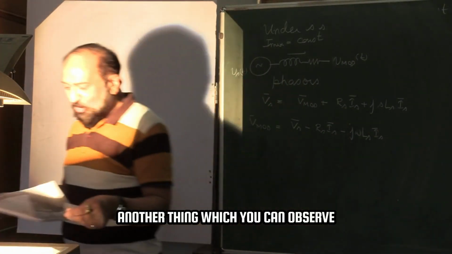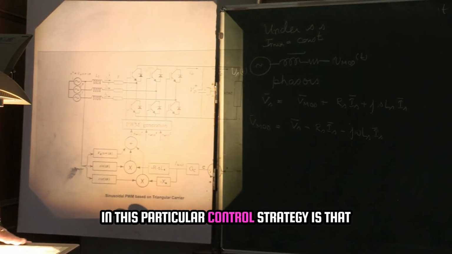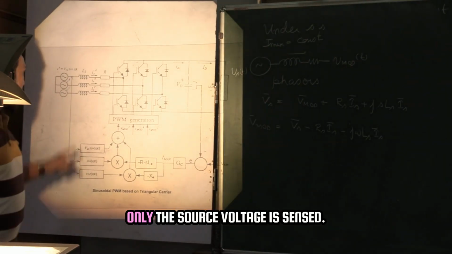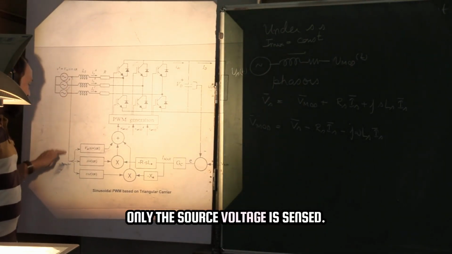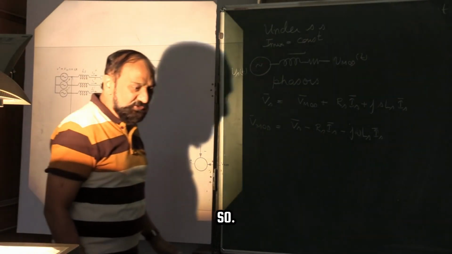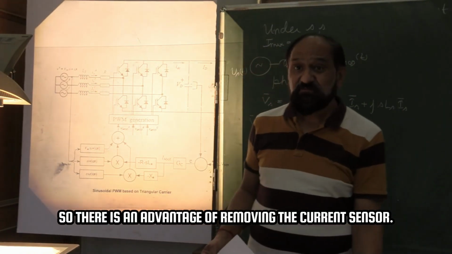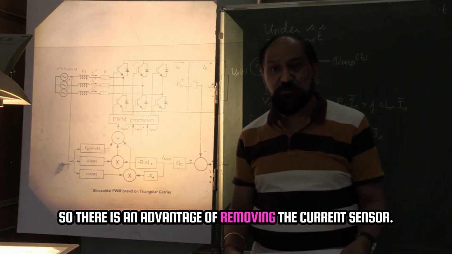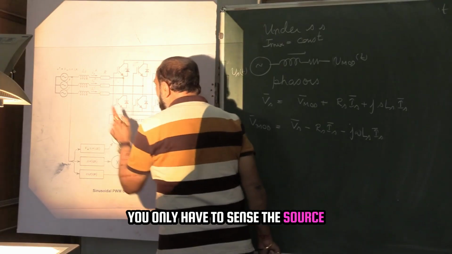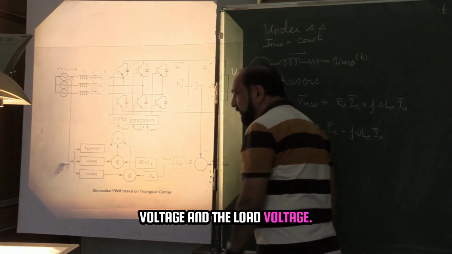Another thing which you can observe in this particular control strategy is that only the source voltage is sensed, the source current is not sensed. So there is an advantage of removing the current sensor. You only have to sense the source voltage and the load voltage.